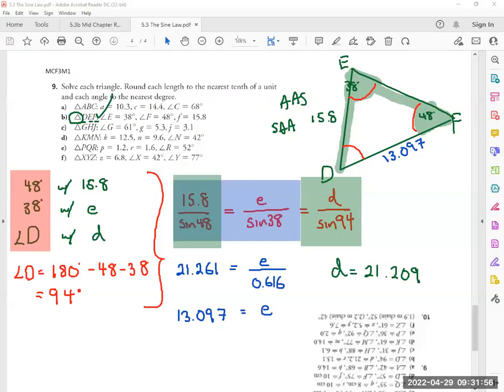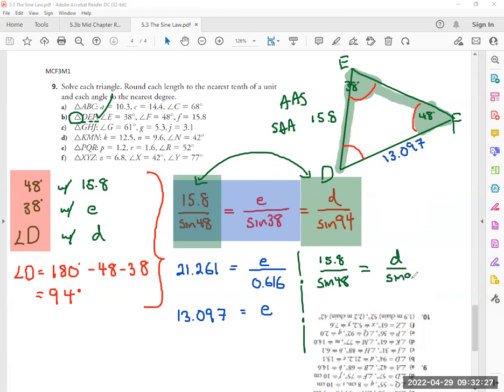I see from the work that everyone is doing that I think people can benefit from me actually showing the work. So in this particular case, I am putting together 15.8 over sine 48. Since this fraction equals the second fraction, and the second fraction equals the third fraction, the first fraction and the third, you can argue, are also equal.